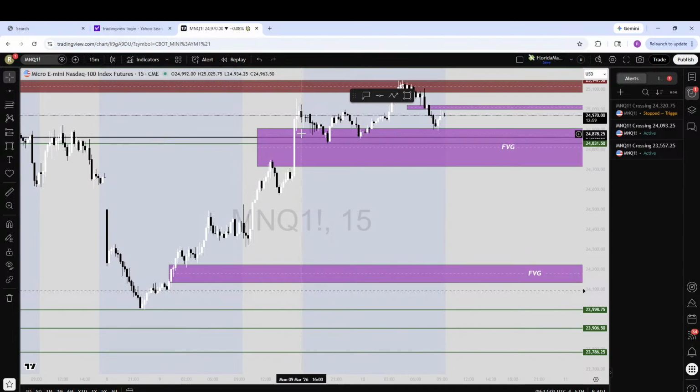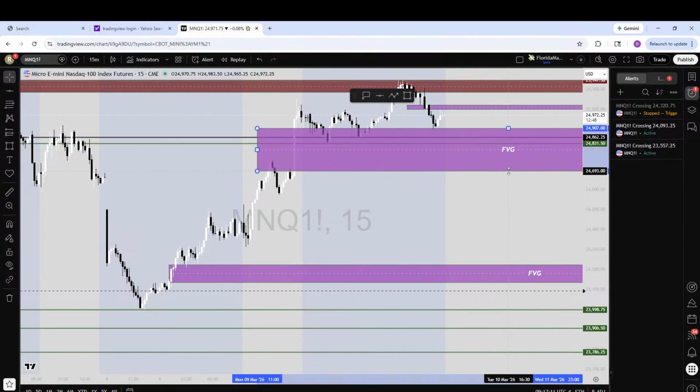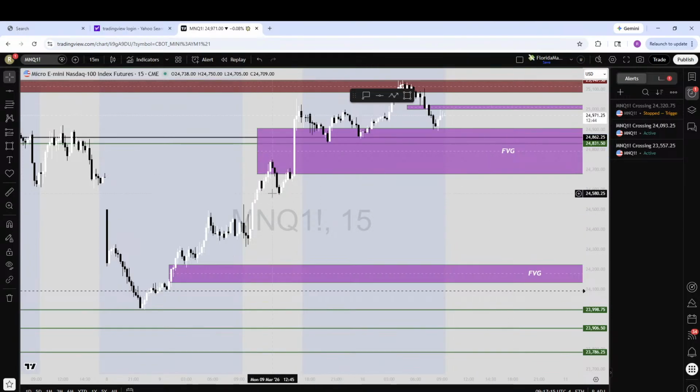So we can see how this fair value gap matches. And then let's look for another gap here.